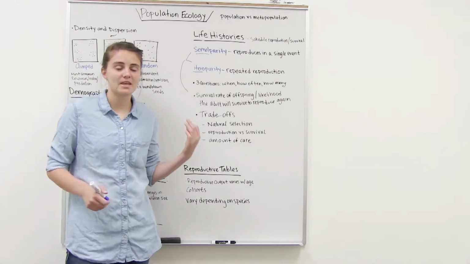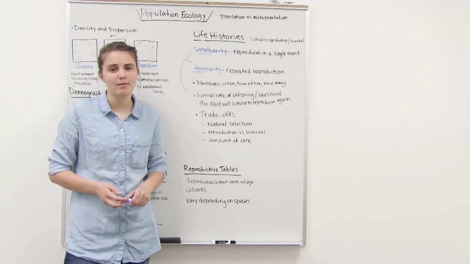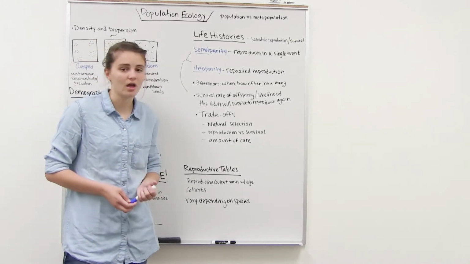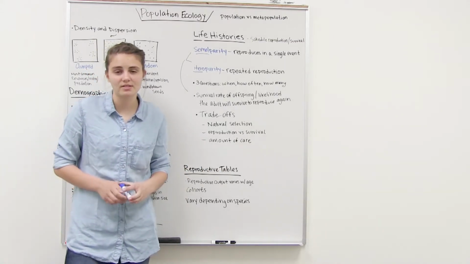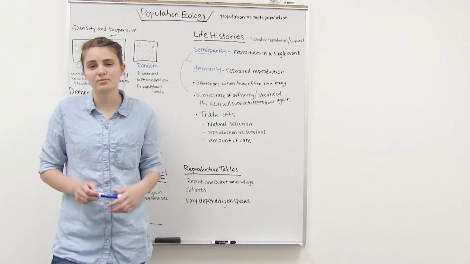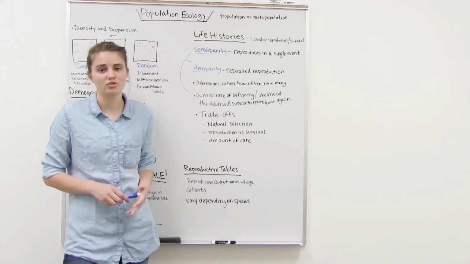So it may be beneficial to give lots of parent care, but it also may not be beneficial. For example, an individual may want to give parent care to their single offspring because that increases the chance that their single offspring will survive to reproduce and pass on the traits.